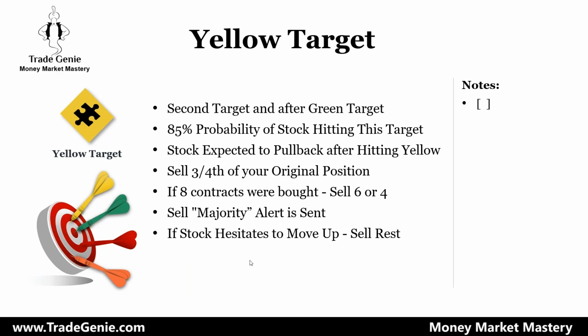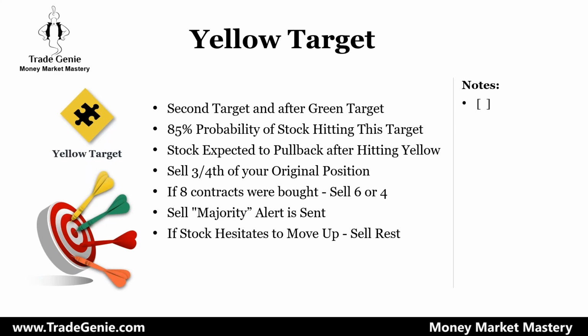After we send the alert to sell majority, and then 3 days have gone by and the stock is not moving, it's just stuck there, then we need to sell the rest. Because 3 days have gone by, and we have sold the majority.